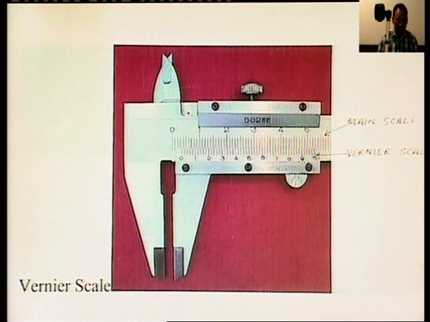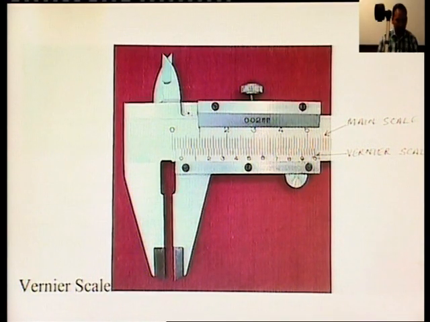Now, take the reading on the main scale in mm, observing the division just to the left of the zero of the vernier scale. Then the number of divisions of the vernier scale which exactly coincide with any line of the main scale is counted.